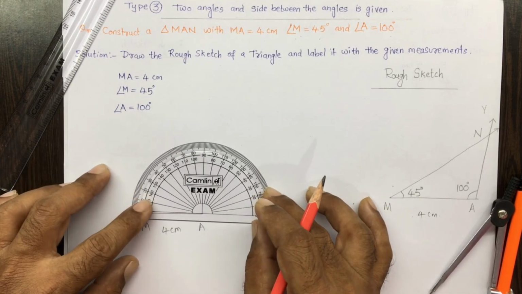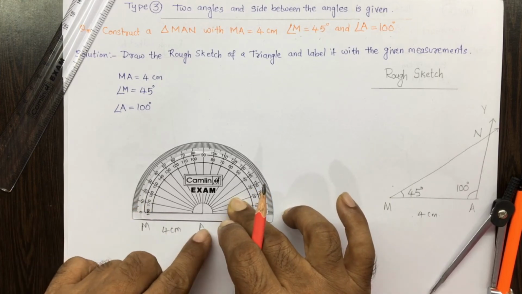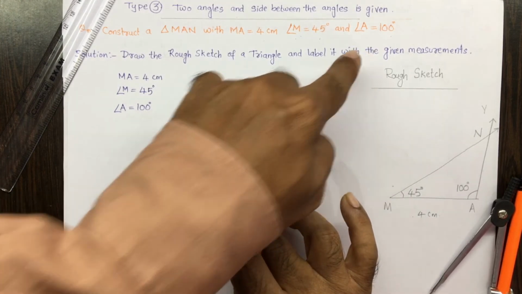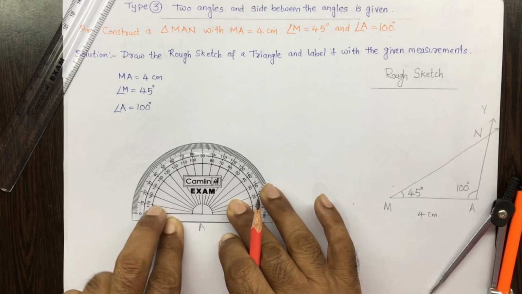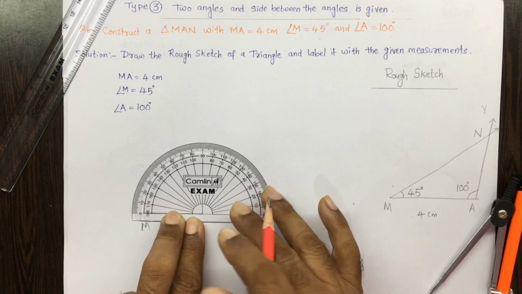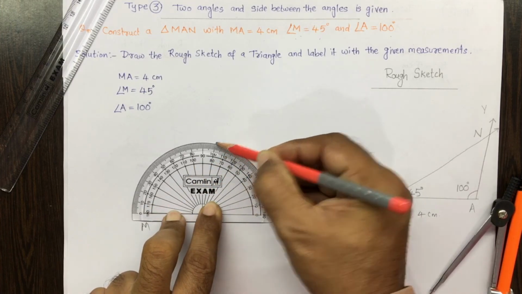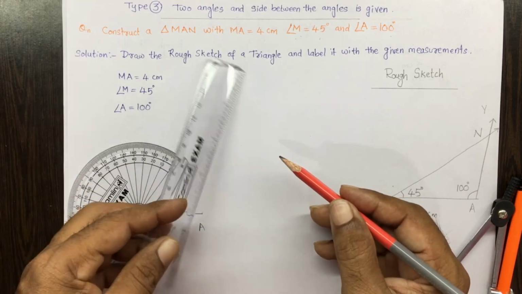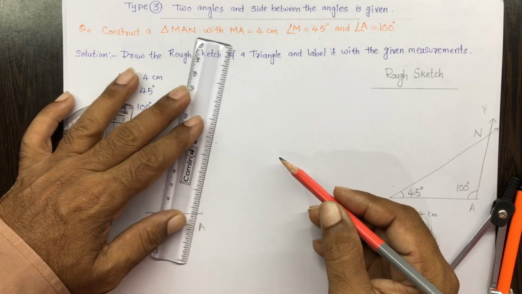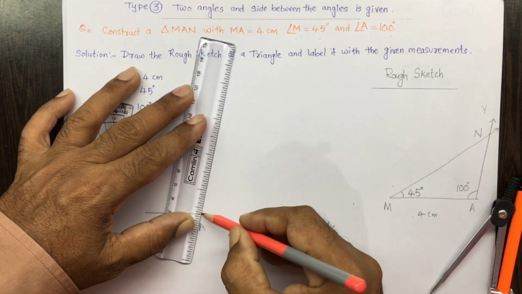We need to take an angle of 100 degrees at A. So, at A 100 degrees you must count from the left side 0 to 100, it must be here. So, join the A and this point, you draw a ray which you can extend.